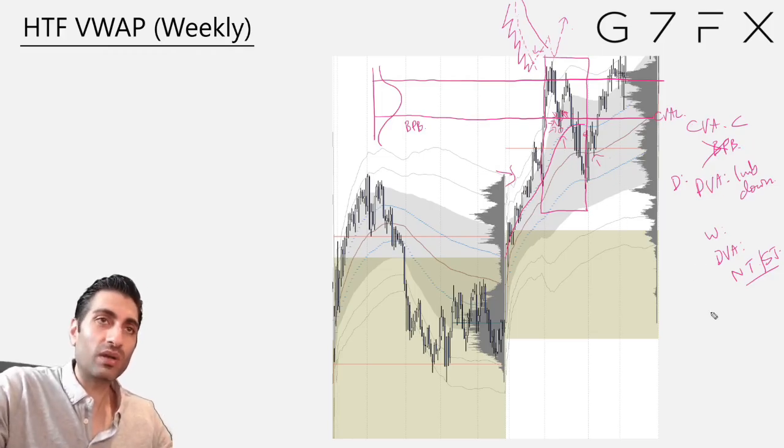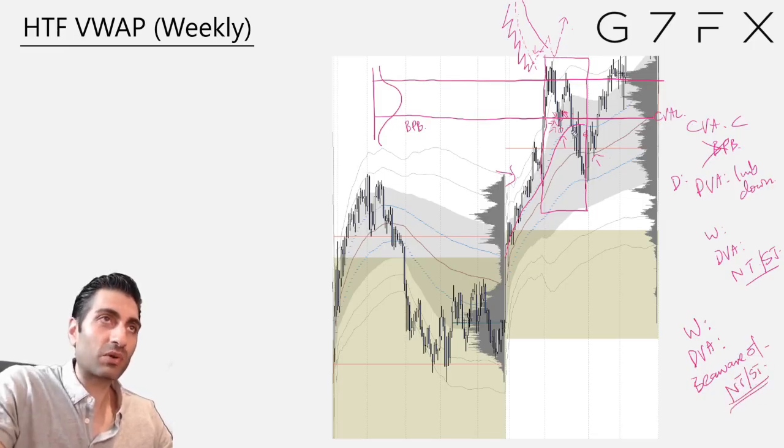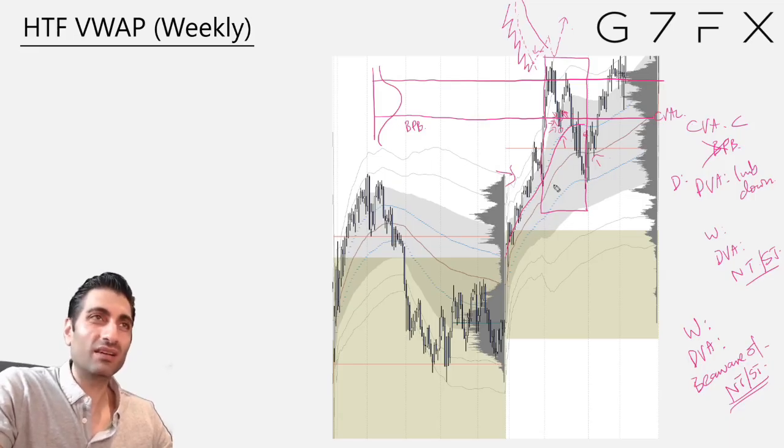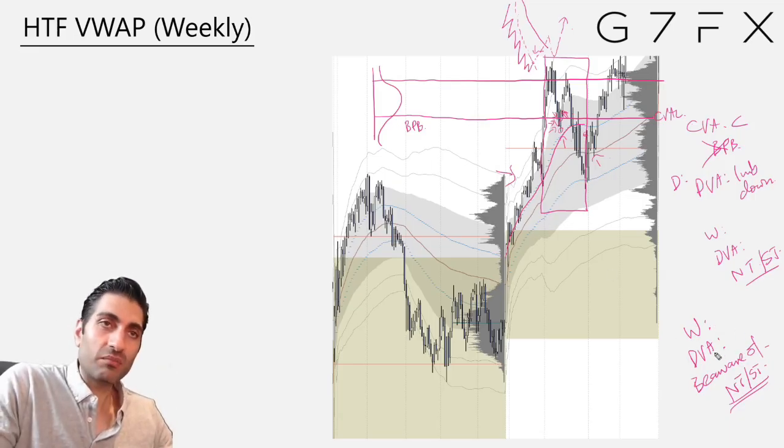Keep it simple. I've put it here. Weekly, DVA, be aware of normal trend, slow trend. You can even put the approximate level, or you can just mark it here. Or just, like I said, make a note of it. That's it, and then keep it in your mind: be aware of the normal trend, slow trend.